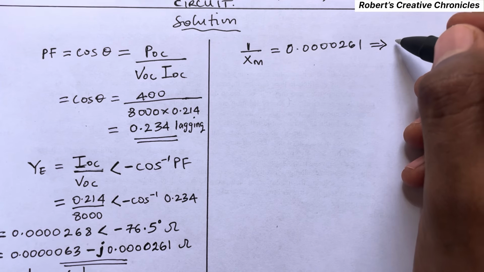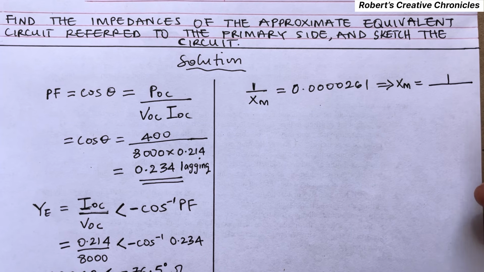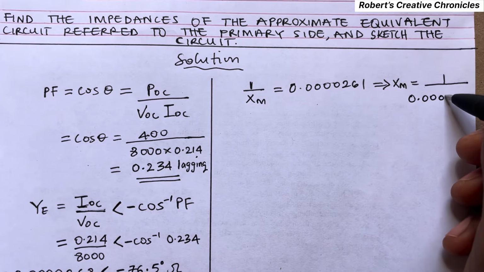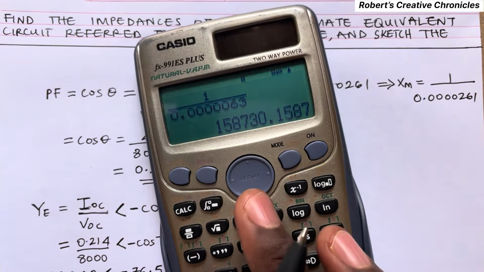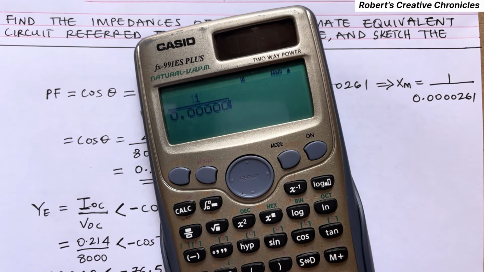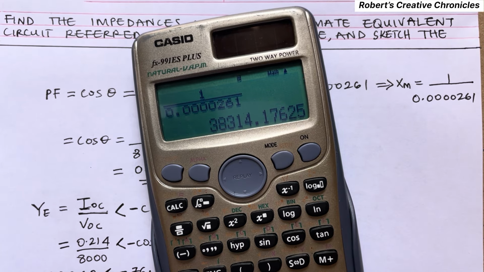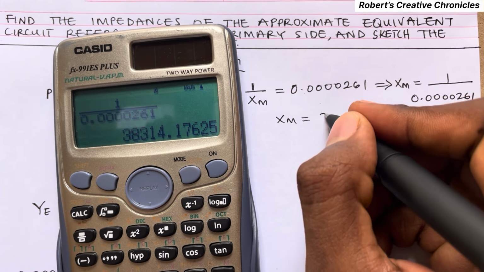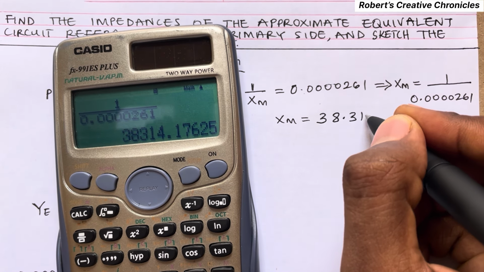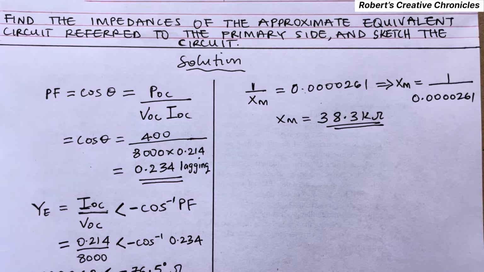So XM is approximately equal to 1 over 0.0000261, which is 38.3 kilo ohm approximately. So we have found XM and RC.